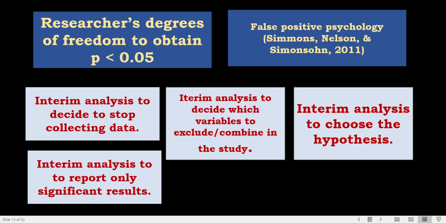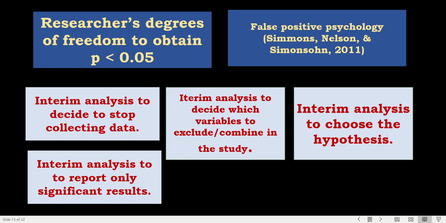But the most frequent thing is what Simmons et al. coined as researchers' degrees of freedom. And here I'm going to give 4 examples. One is conducting interim analysis of data to decide whether to stop collecting the data or not. Basically the idea is this: you collect data, you do an interim analysis.